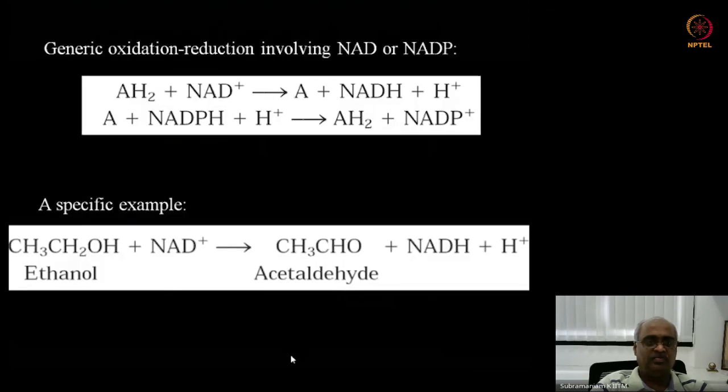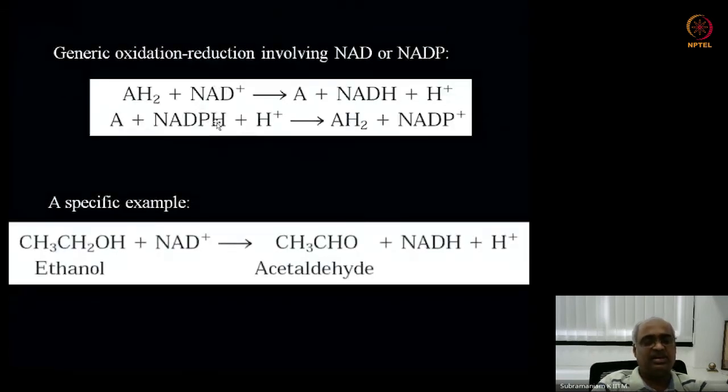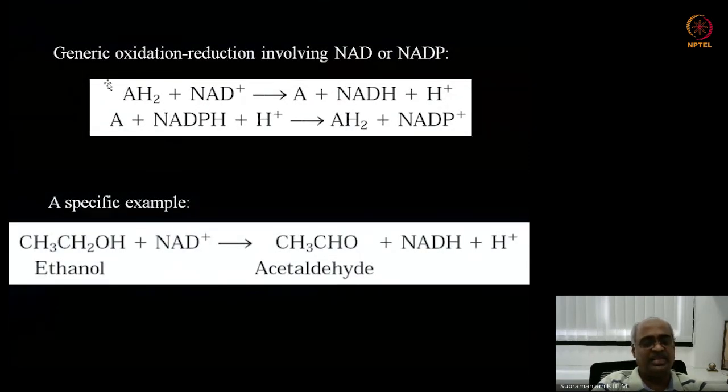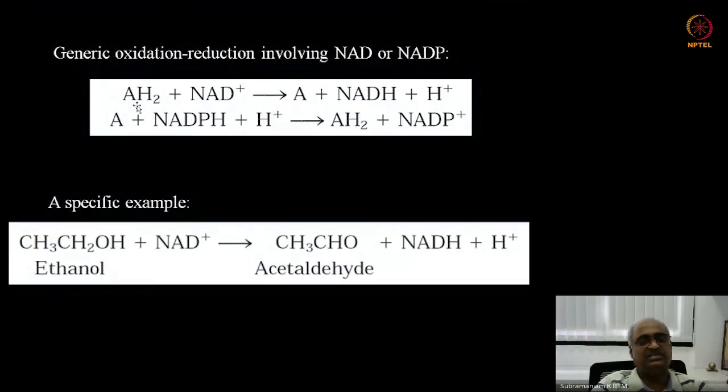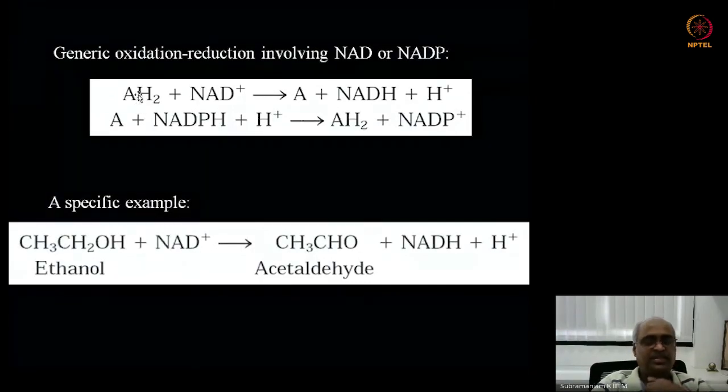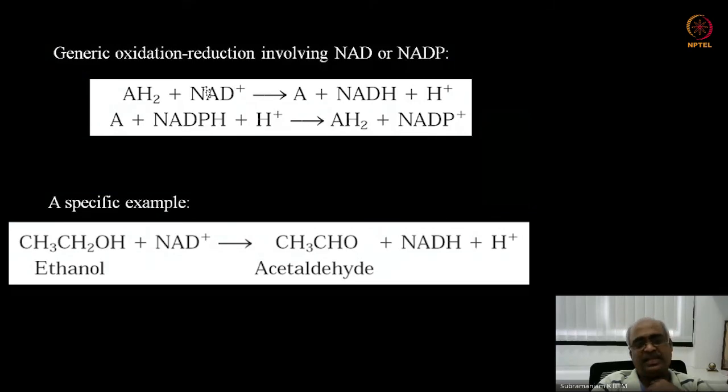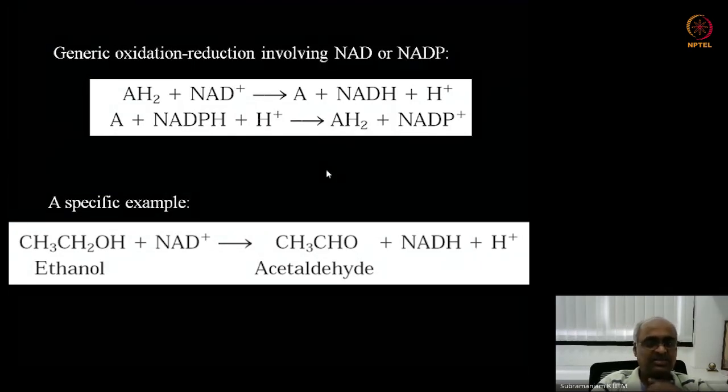And so this is a generic example. Like we just saw, acetaldehyde. This is like ethanol becoming acetaldehyde, or vice versa. In the process, NAD gets reduced, or oxidized in the opposite direction.